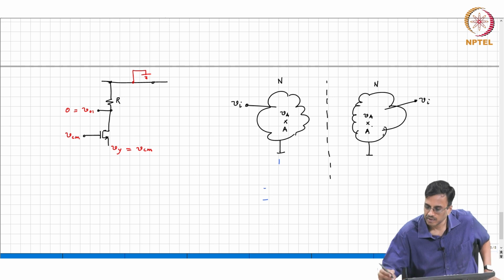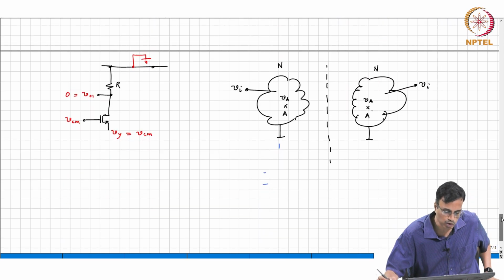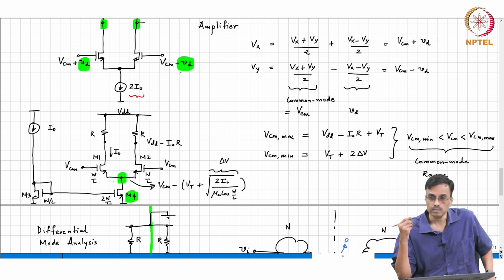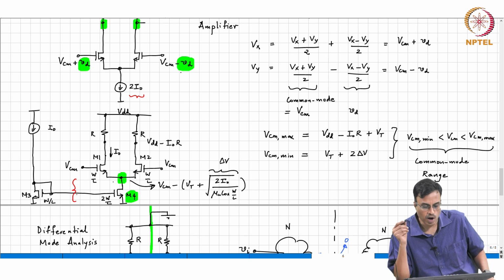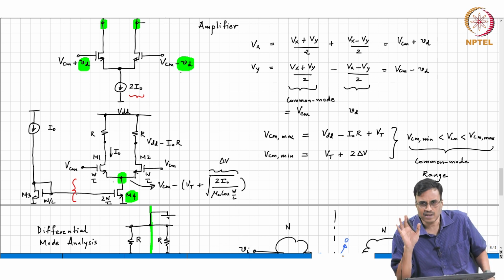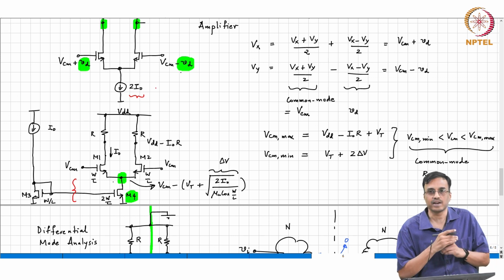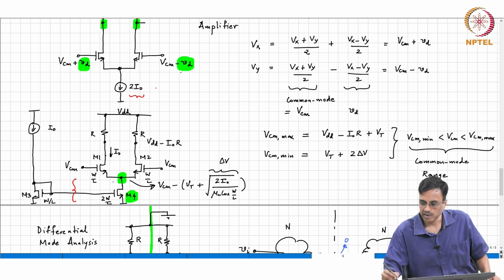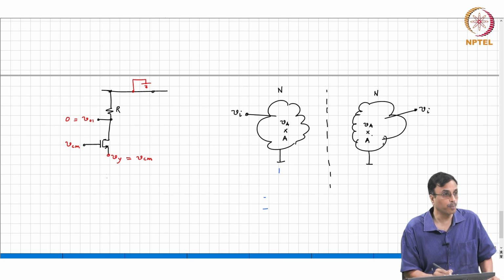alright. But of course, there are practical non-idealities. We assumed that this current source is ideal in our analysis. As we have seen, the current source is often realized using some kind of current mirror, correct. So, what will be the small signal equivalent of this current source? In practice, it is not really going to be an open circuit.